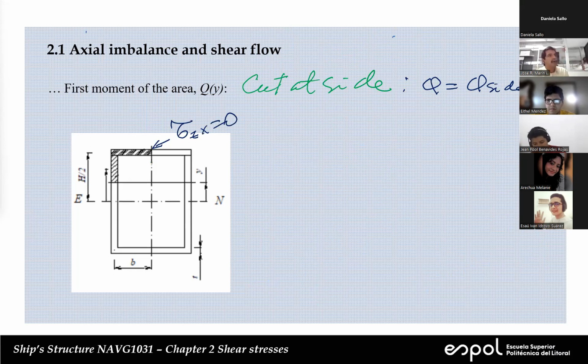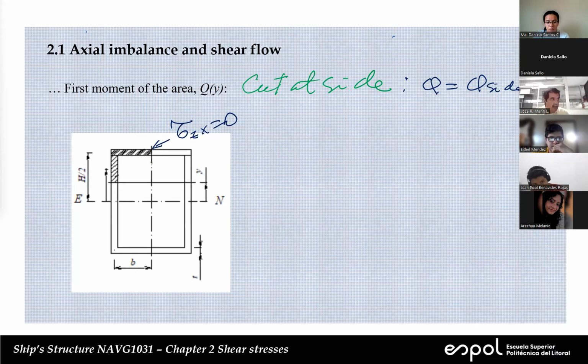So you have two unknowns for only one equation, and that's not going to be enough to calculate it. That's why we need to go from one cut until a point where we know the value of the stress, and that's 0. So let's go up. What's going to be the first moment of the deck? So we have the full rectangle.